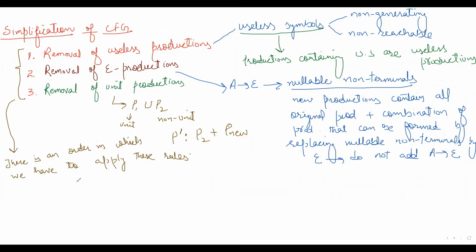The order is always remove epsilon productions first. Okay, so let's suppose our original production rules were p.